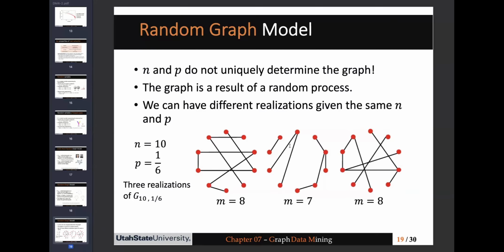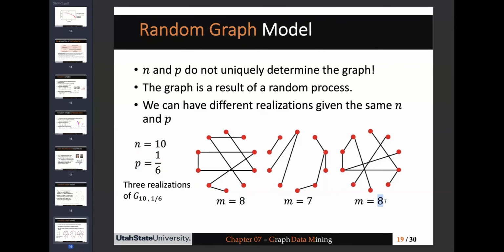So some graphs may have more edges for the first case scenario with the probability of p, right? So in this case, if we're using G(n, p), then sometimes we might get m equal to 8 or m equal to 7. Again, m equal to 8. It really depends on the randomness of the process over here.